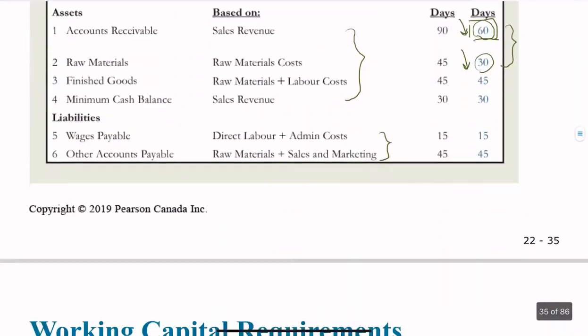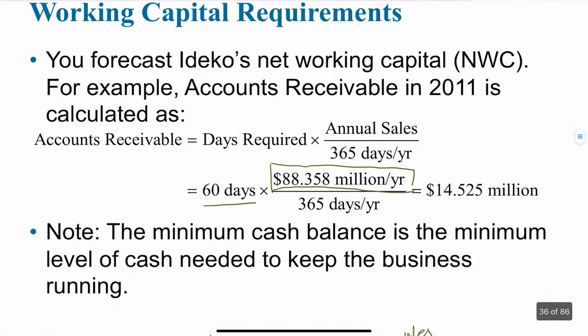And you can see that this is the exact number we're using here. And then divided by number of days per year, right? You will have daily sales. And then this $14.525 million would be our forecasted accounts receivable in 2011.